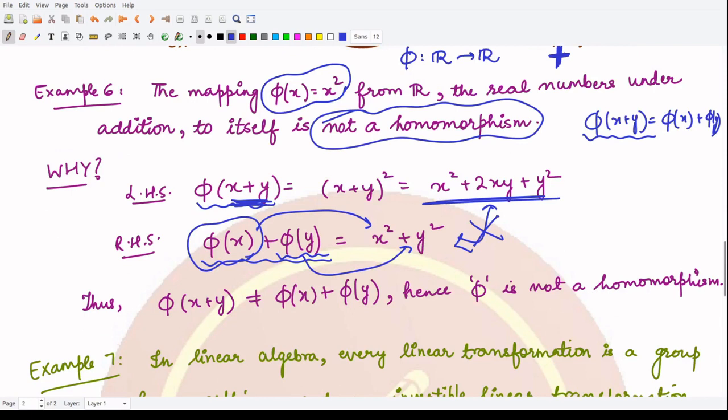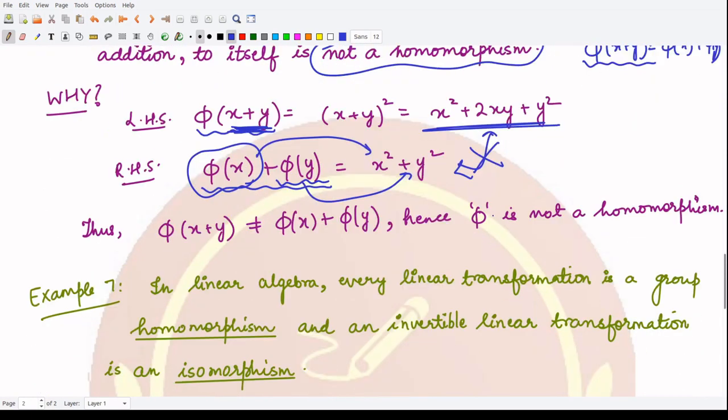As for the next example, all of us might have studied linear algebra, so we have also studied linear transformations there. These are also mappings which preserve the operation, so they form group homomorphisms.